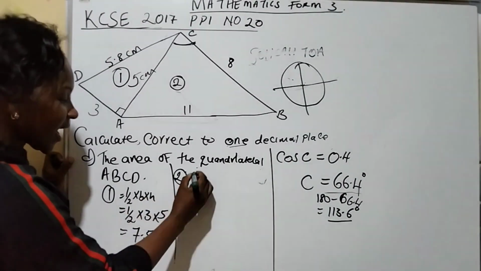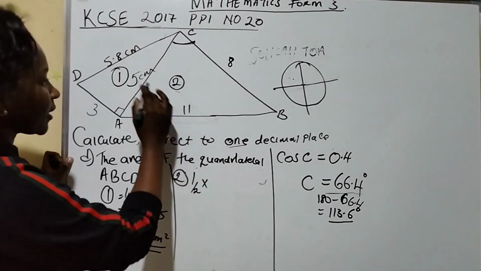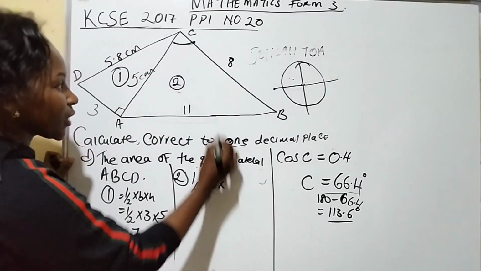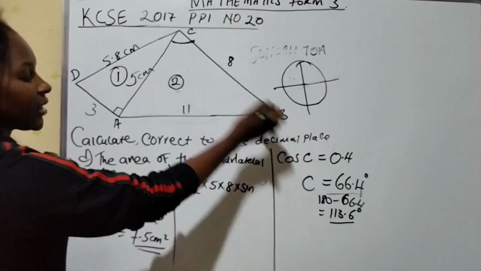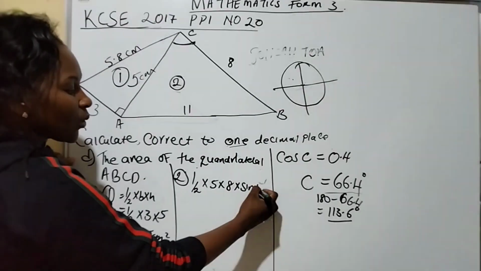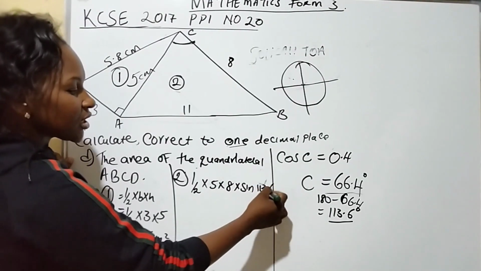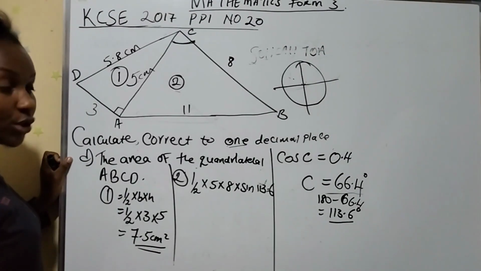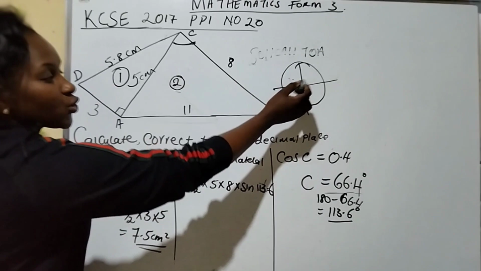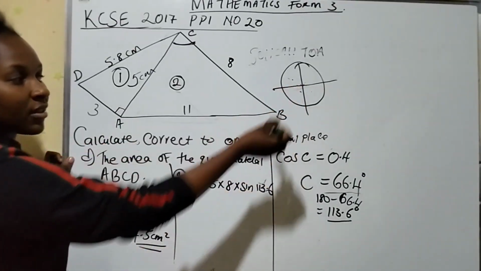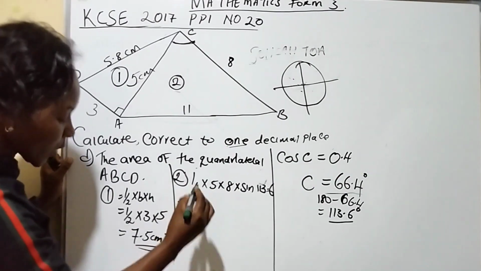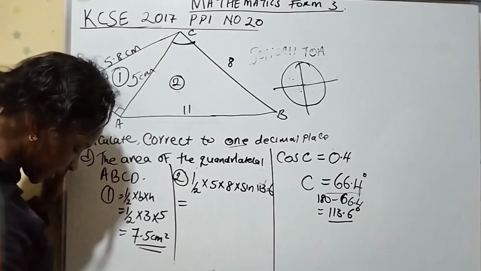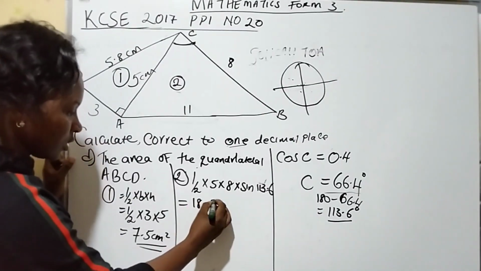So here we have half multiplied by 5 multiplied by 8 multiplied by sine of the angle you have just got, which is 113.6, or we can also put 66.4. Remember, we said all students take care, so the answers are going to be the same. When we calculate this one, we are going to have our answer as 18.3.